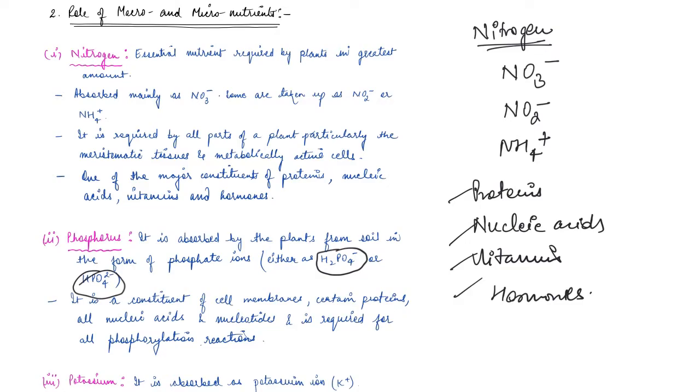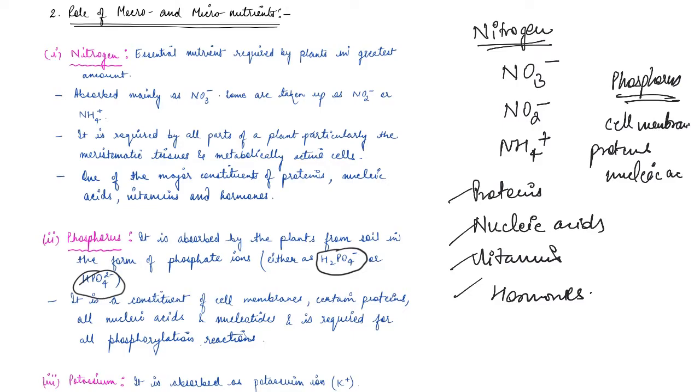Now again, if we talk about phosphorus, it is a major constituent of a lot of biomacromolecules. These can be the cell membrane, certain proteins, and nucleic acids.